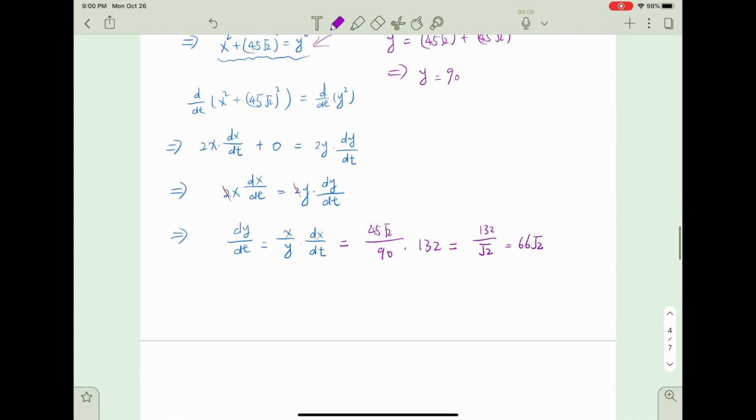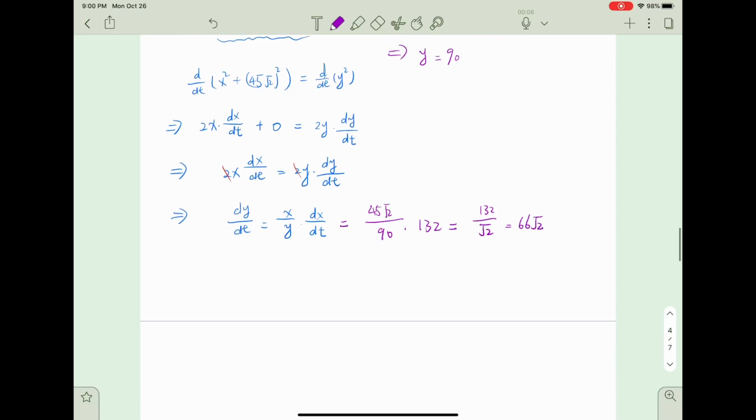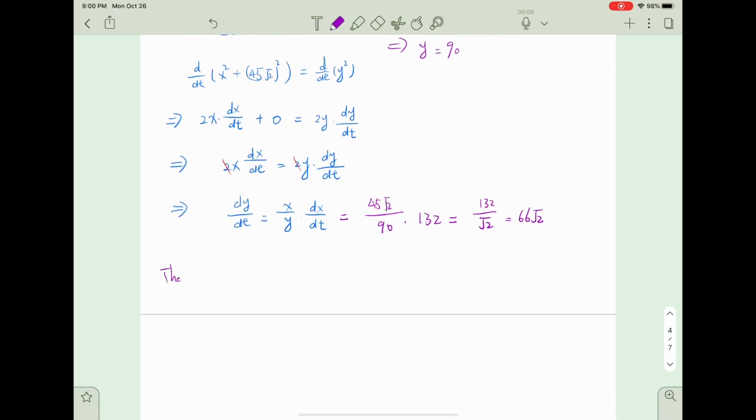So now we can draw our conclusion. Therefore, the distance is increasing at a rate of 66 square root of 2 feet per second.